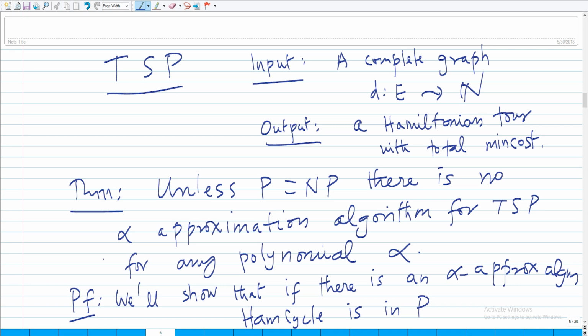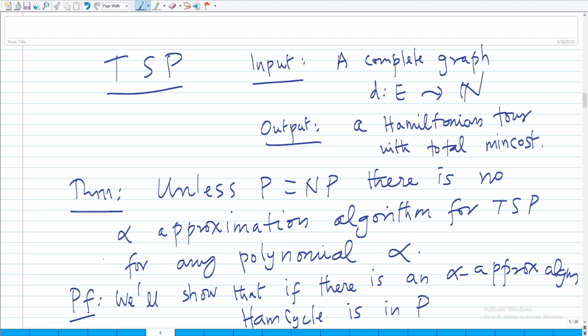We already saw that if you have an algorithm for TSP, you can solve the Hamiltonian cycle problem. Remember, how did we show TSP is NP hard? We said it is even more general than the Hamiltonian cycle problem. So, if you have a polynomial time algorithm for TSP, you can solve the Hamiltonian cycle problem. That is what we did in the reduction. We added some weights and we proved it. This is saying something stronger. Even if you have an approximation algorithm for TSP, I can solve the Hamiltonian cycle problem.